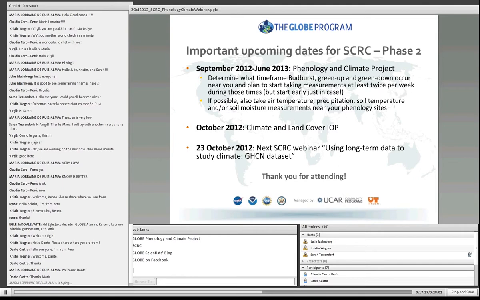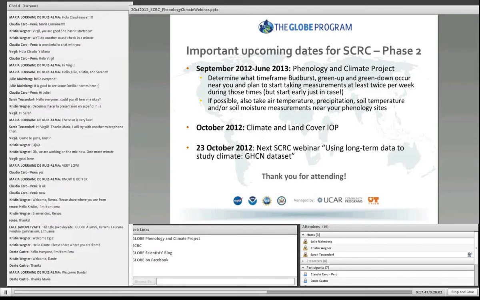because some of these things are happening earlier than what we would expect. And then if possible, we're asking participants to take air temperature, precipitation, soil temperature, and soil moisture measurements near those phenology sites, so that we can measure those potential indicators of the growing season right there with our phenology measurements to help answer that first question about which of these factors might be the best indicator of the growing season.